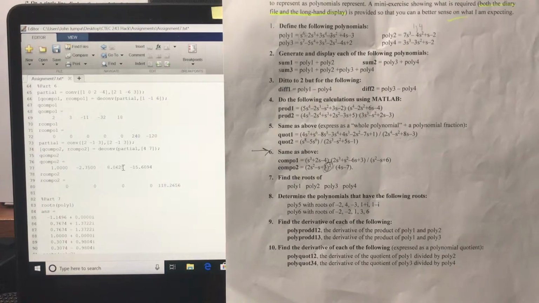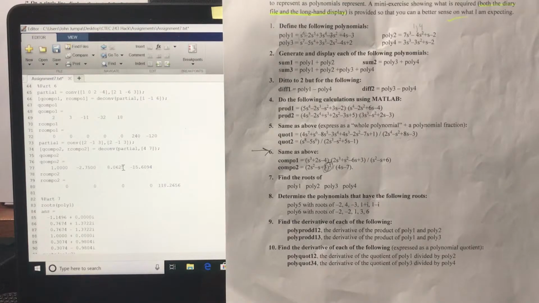All right, 1 0 2 negative 4, times 2 1 negative 6 3. That's good. Partial's right.